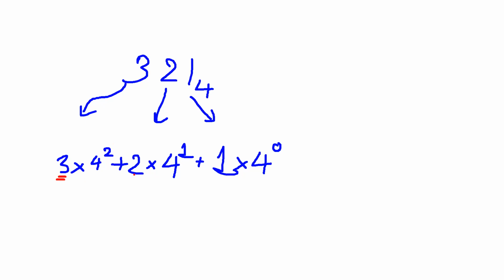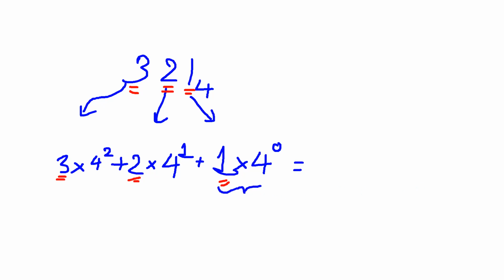The coefficients come from the digits, and then you just sum and calculate. Then you will know the value in decimal.